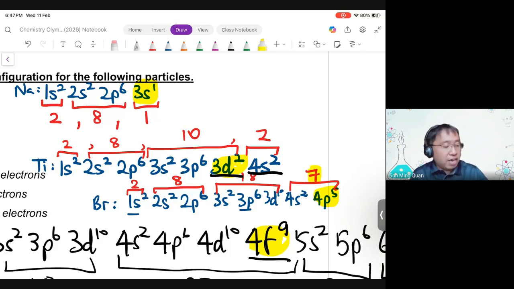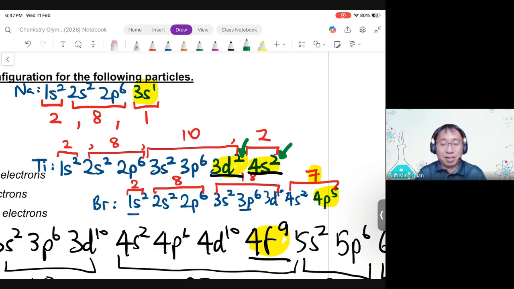Meaning if Mr. So wanted to make titanium lose electrons, Mr. So can make titanium lose the 4s electrons and the 3D electrons. I repeat, titanium could lose the 4s and the 3D electrons. Meaning titanium can lose the 2 electrons here, and in addition to that, lose the 2 electrons here.